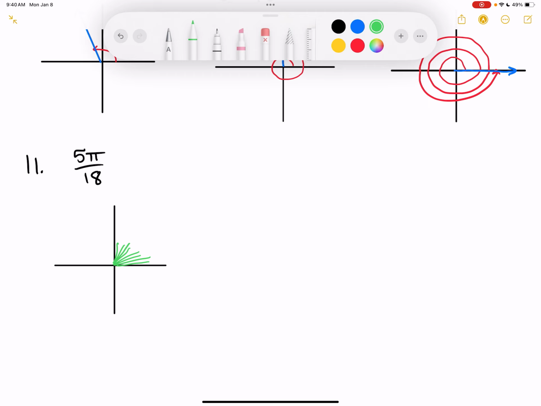Okay, so 5 pi over 18 then would be 1, 2, 3, 4, 5. So it would basically be right there. And so then this mark here would be 5 pi over 18. Okay, so you can break it down into something smaller to be able to graph that.